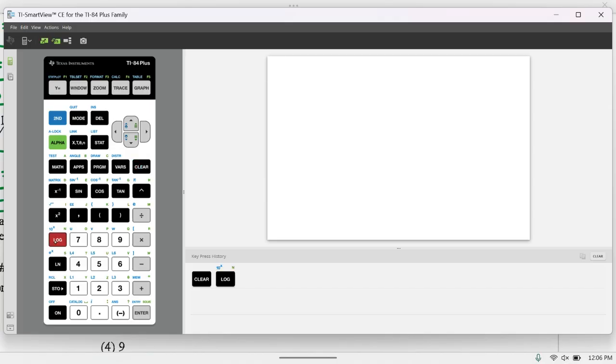Because if I click that key, it doesn't give me an opportunity to put that base in. It doesn't give me a place to put that little tiny number in there. In a minute, we'll learn that that's actually log with a base of 10. That's called the common log. We'll talk about that tomorrow.